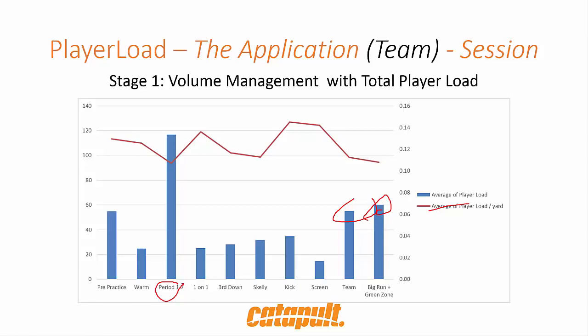But essentially it's saying, for the player load, this blue bar here, divided by the total distance that they've covered in that, and then we're going to map that over. So we're able to see these fluctuations, and what that is getting after is how many contacts were within that period, and how hard were they working for each yard.